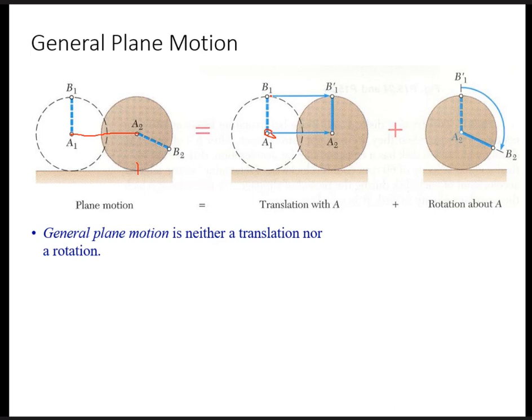Now velocity of O was already given to me as 3 meters per second in this direction. If this is my reference axis at the center, it will be 3 i cap meters per second plus VA/O, which is again omega cross RA/O.